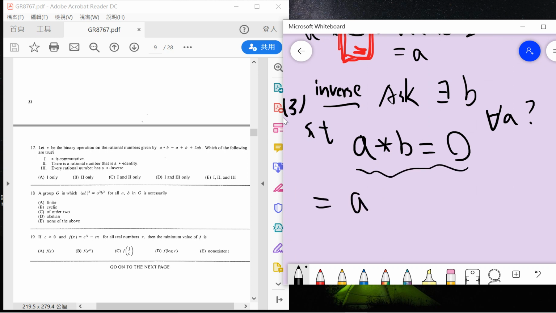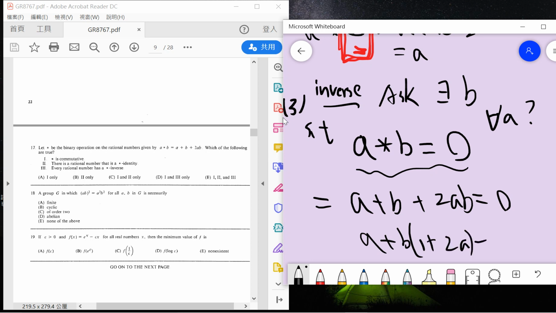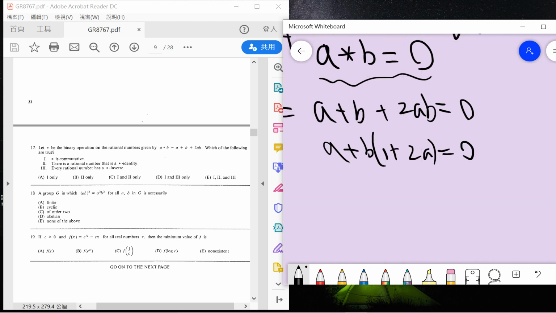Okay, so this is A plus B plus 2AB, which is 0. So A plus B plus 2AB is 0, and we need to solve for B. So B is minus A over 1 plus 2A.